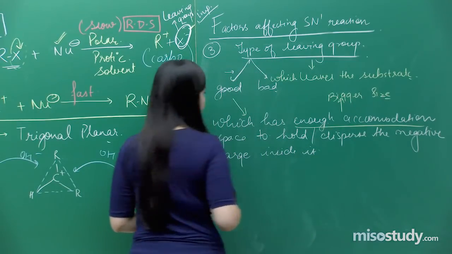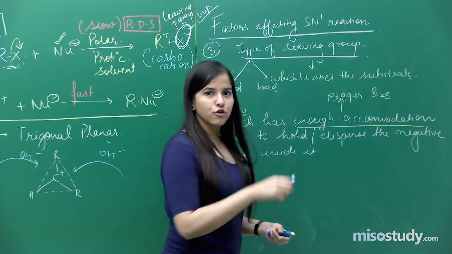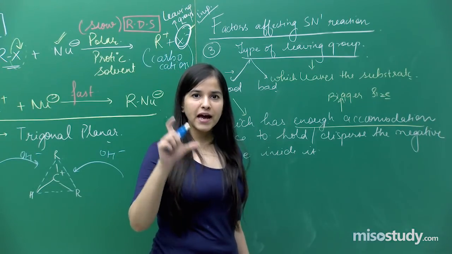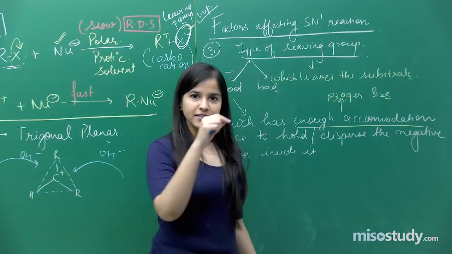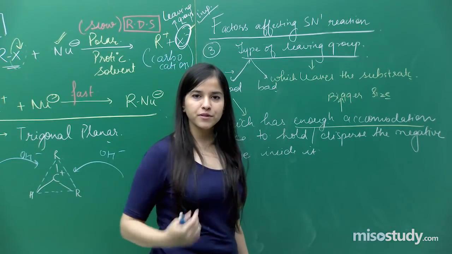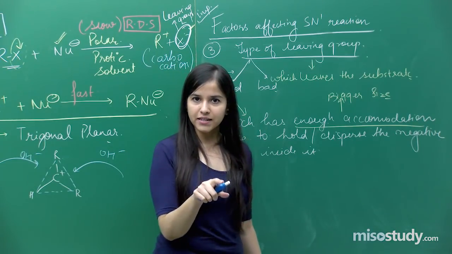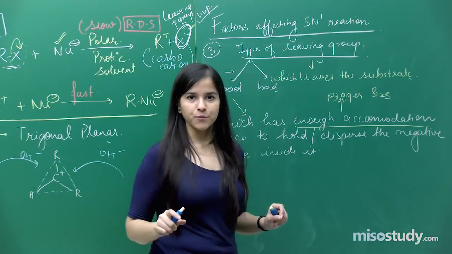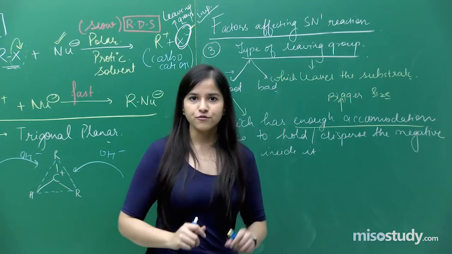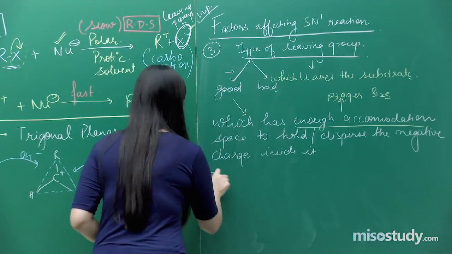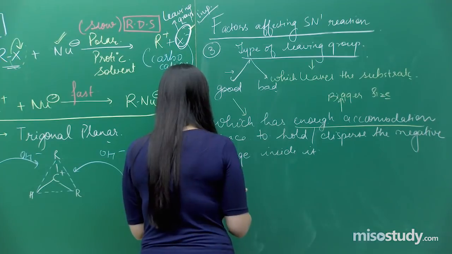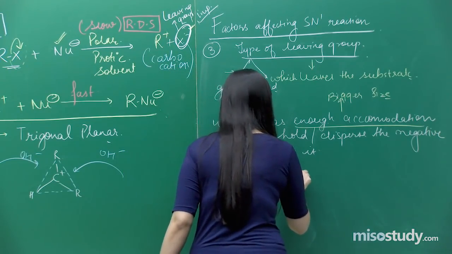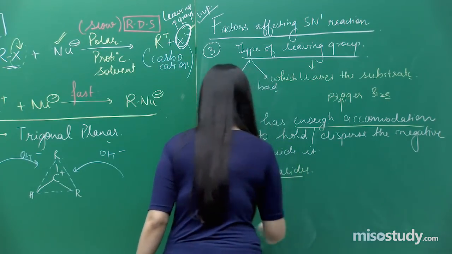So if I consider different halogens, out of all the halides, which is the better leaving group? The one having the biggest size. That is, if I go down the group, fluorine, chlorine, bromine, iodine, iodine has the biggest size, thereby it will serve as the better leaving group, or you can say the best out of 4. Fine? So out of halides, which is the best?